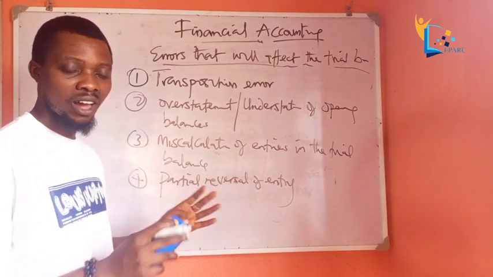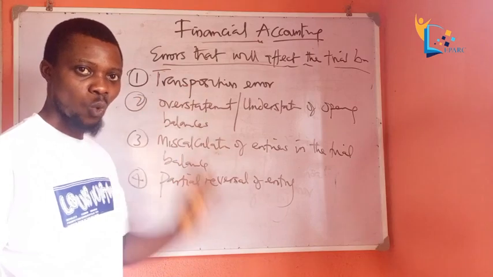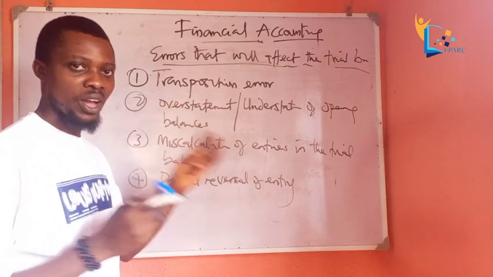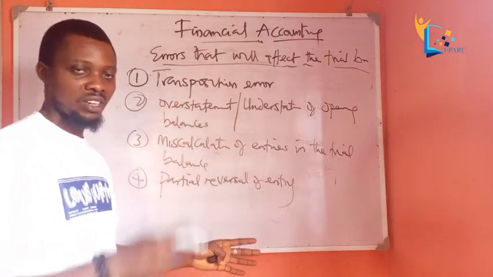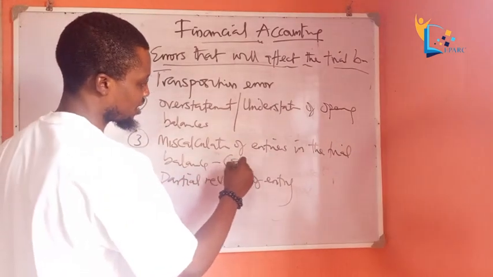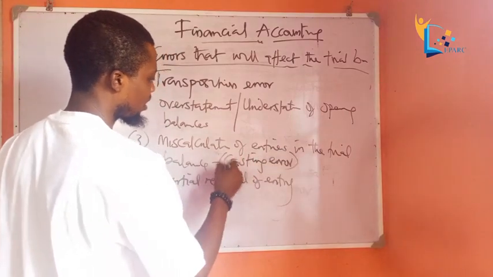You didn't pass the double entry principle. You debited a transaction twice or credited a transaction twice. Do you understand? This one can also be called the casting error.